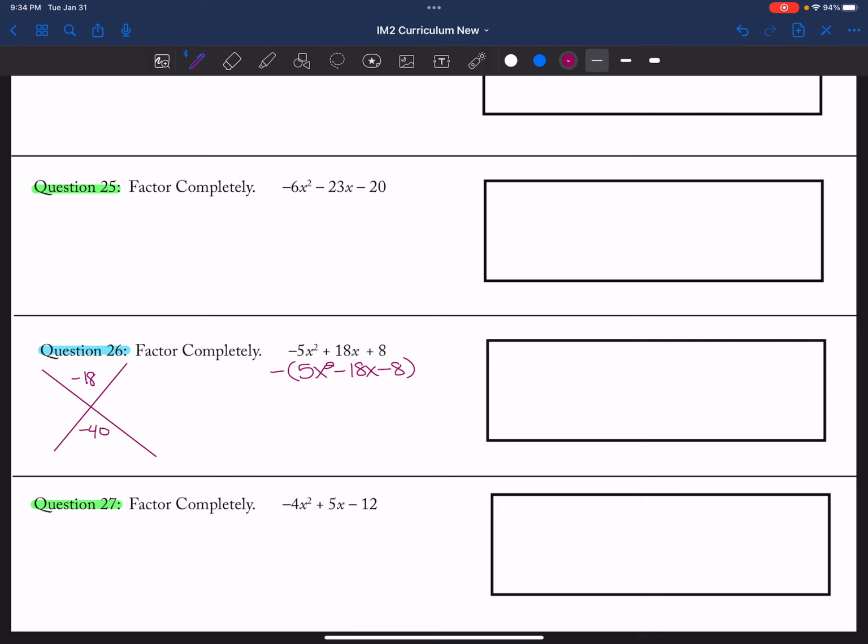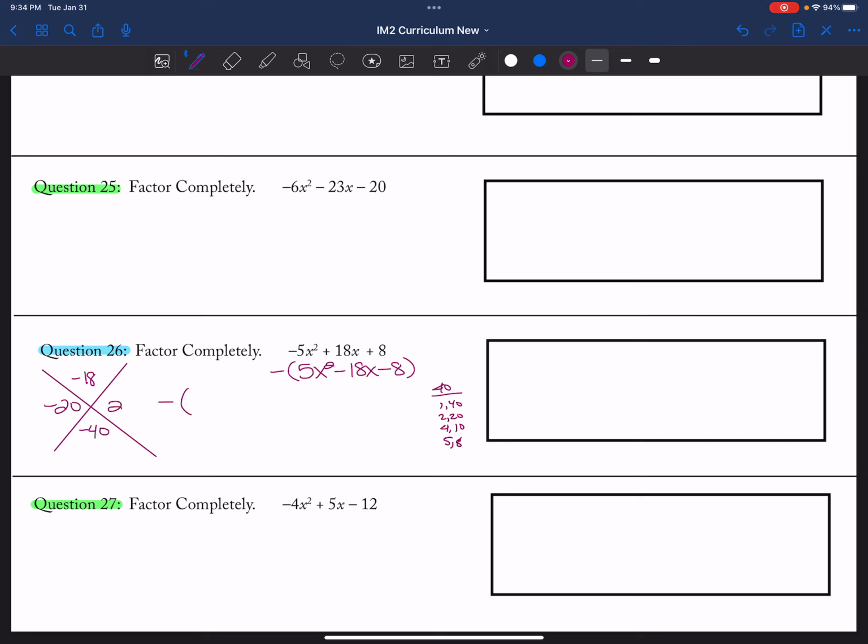So I'm looking for factors of 40, right? So that's 1 and 40, 2 and 20, 4 and 10, 5 and 8. So it looks like 20 and 2. So that would be a negative 20 and a positive 2.